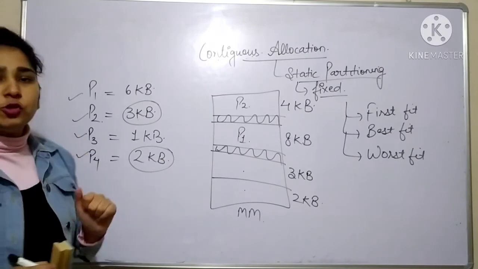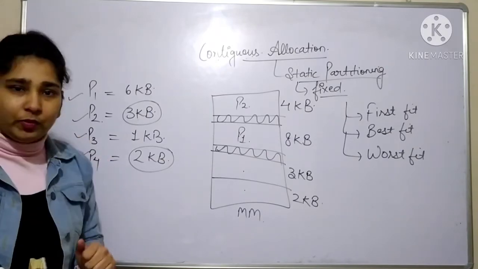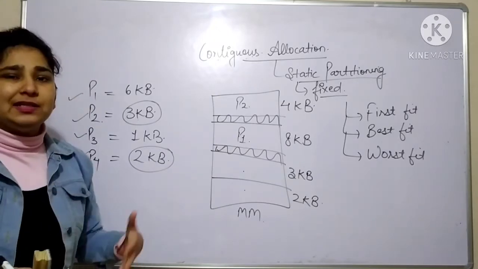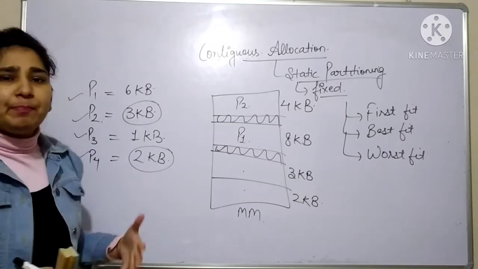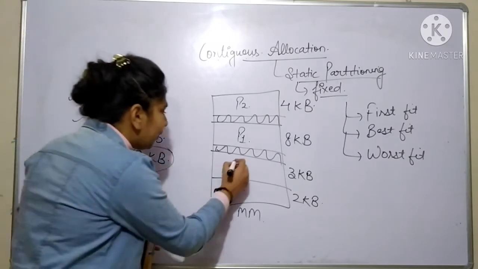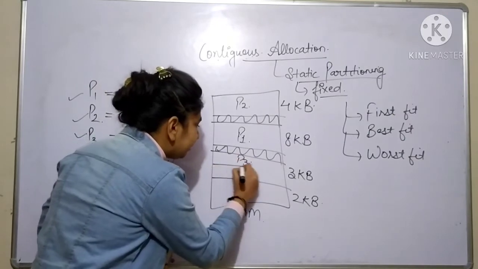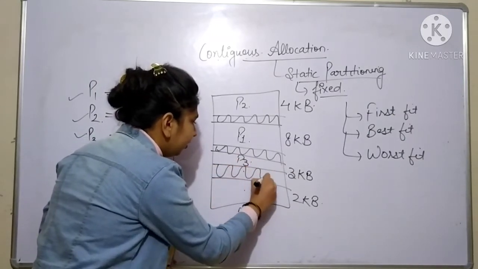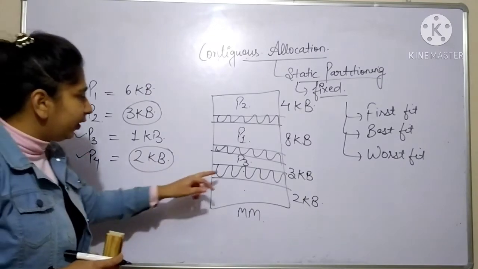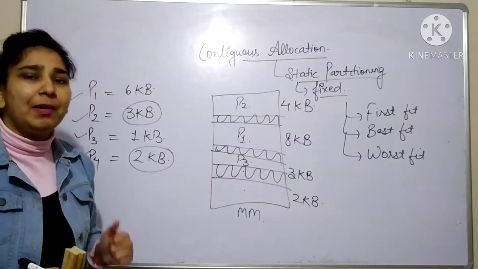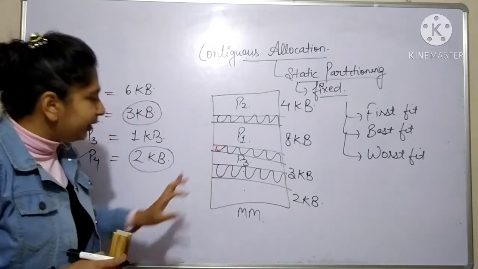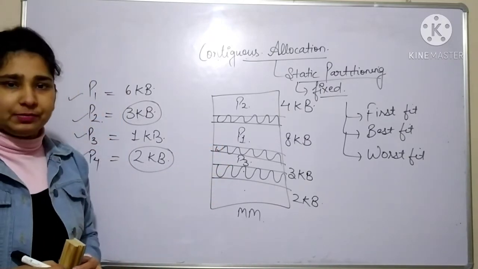But I will be storing my process P3 in the first partition, in this 3 KB partition. So 2 KB of main memory is going to be wasted.